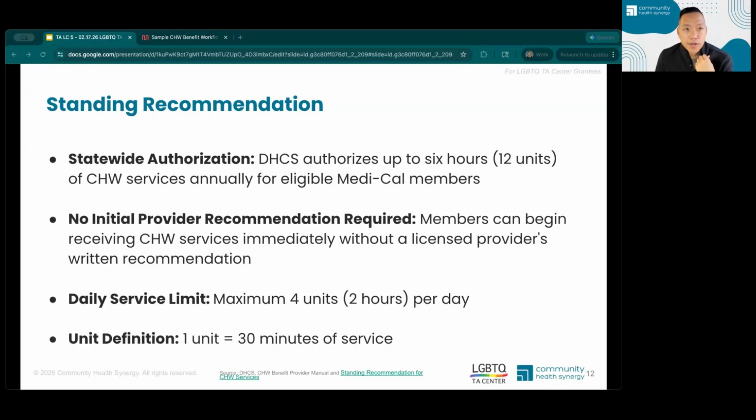We'll talk more about what the care plan looks like in a future session, but essentially, John would have to identify a licensed provider, whether in-house, if you have a licensed clinician in-house or anyone who's licensed in the practice of healing arts, or, if you don't have a licensed provider, someone outside of your organization.